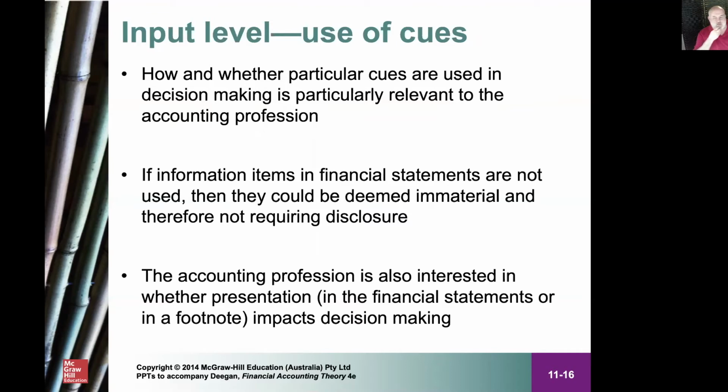Something is material if its omission or misstatement impacts on decision making. So the question becomes, if information isn't considered to be relevant, why do we bother even preparing it? Why do we waste our money creating accounting standards? And why do we waste our money preparing financial statements based on information that no one really has any importance for anyhow?